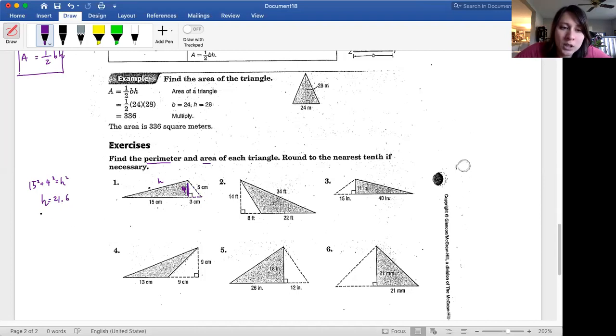And so my perimeter would be all those sides added together, 21.6 plus 15 plus 4. And that's about 40.6 centimeters.